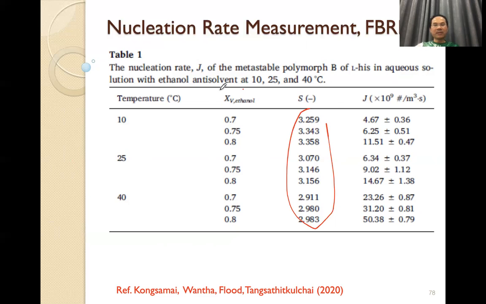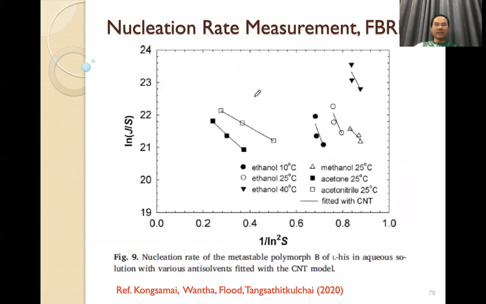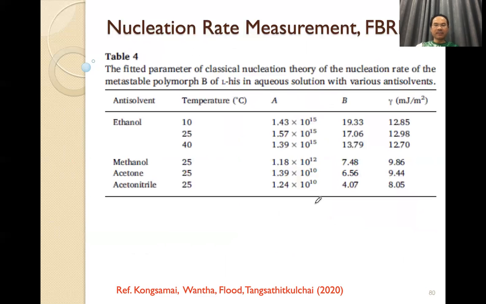But for this case, we use antisolvent crystallization, and also the volume of ethanol is different. Like this. And then you can plot log J over S against 1 over log squared S to determine the A and B parameters. And you get the A and B parameters, and then you can calculate the interfacial energy.